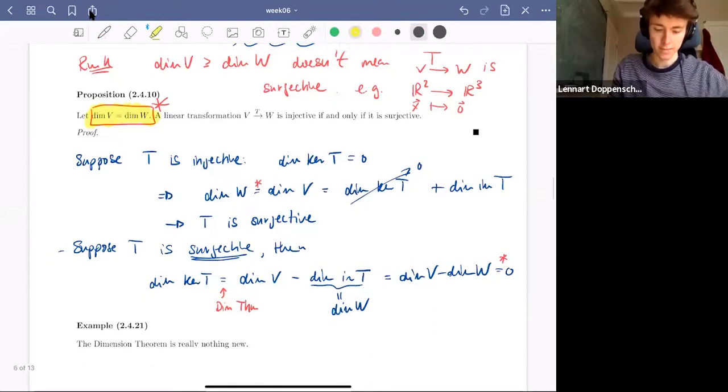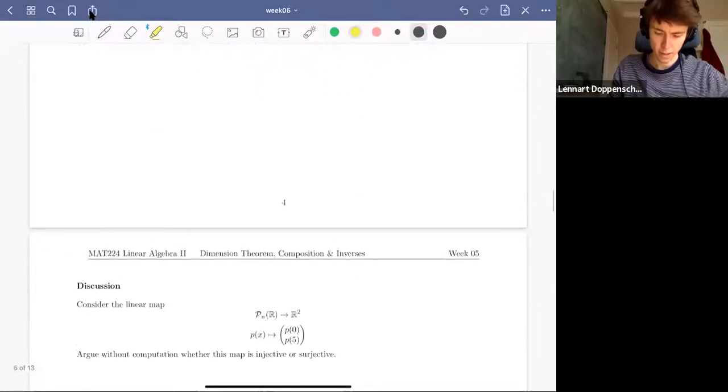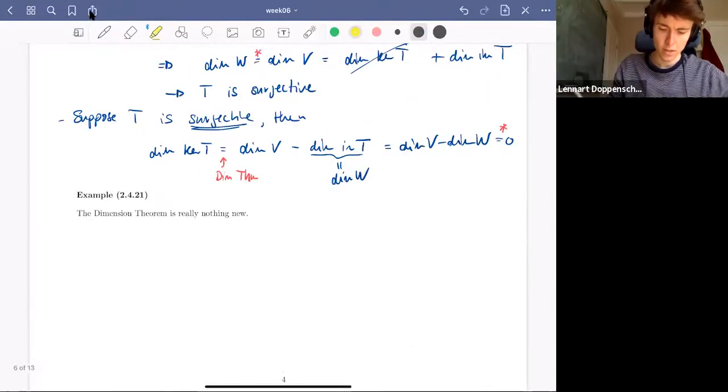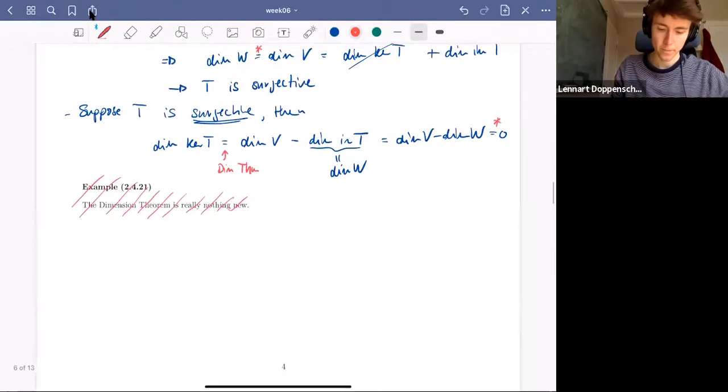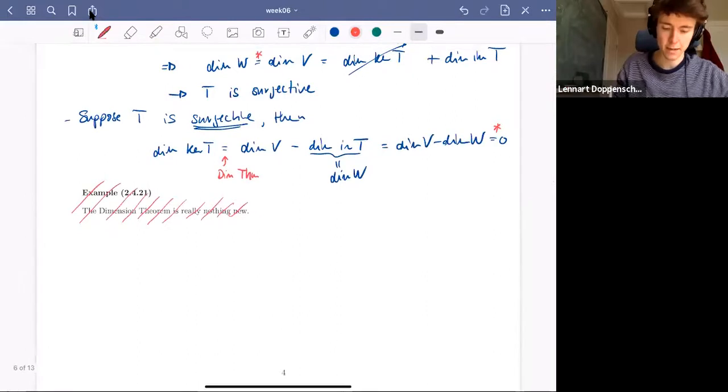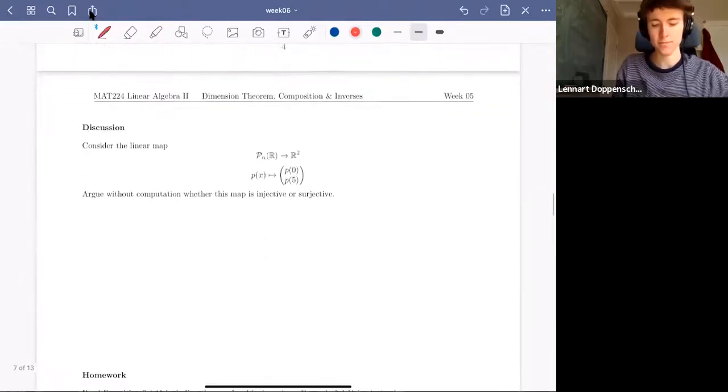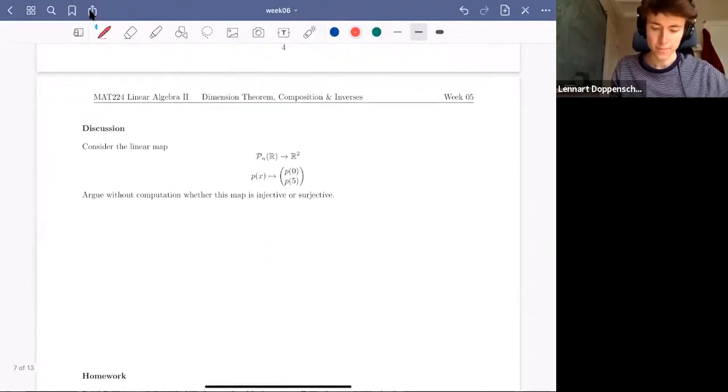All right, let's see. So this example, I think I want to skip. Maybe I'll get to this another time, but it's not very illuminating at the moment. And in fact, let's look at this discussion.